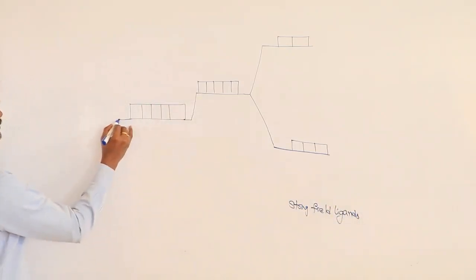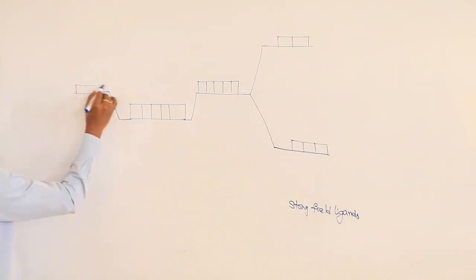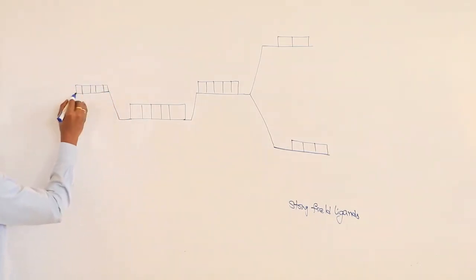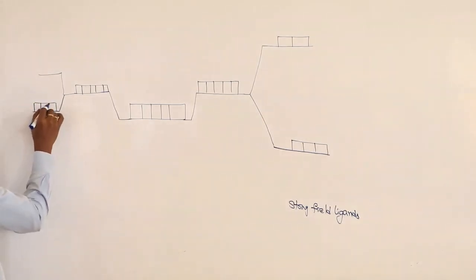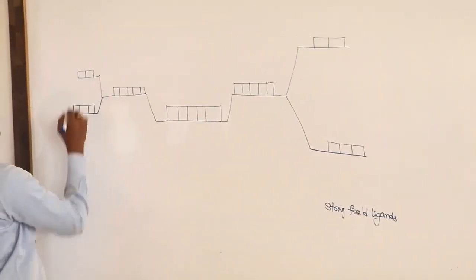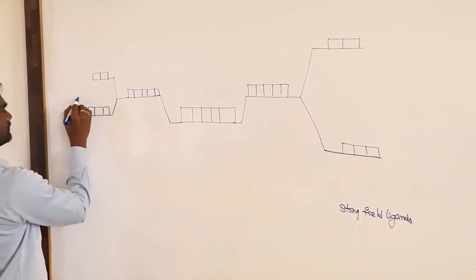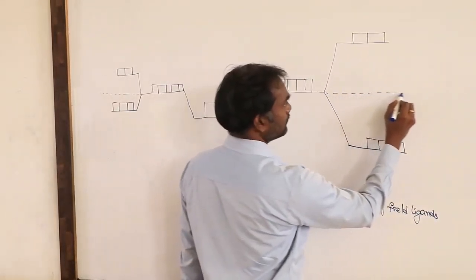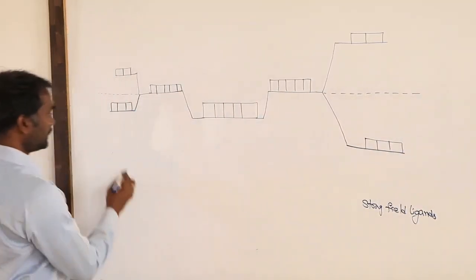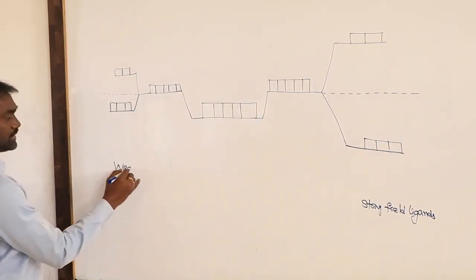Next, suppose you take a weak field ligand. So with a weak field ligand, what happens? The energy gap is less. So here, this is a weak field ligand.